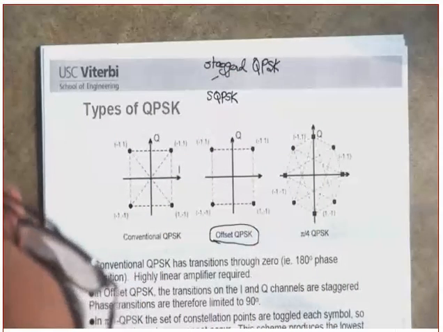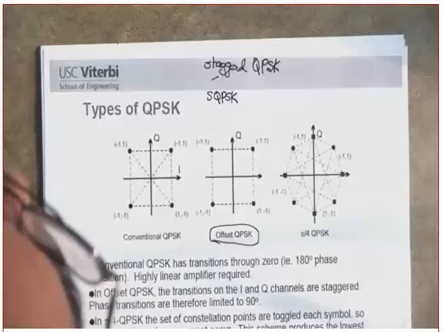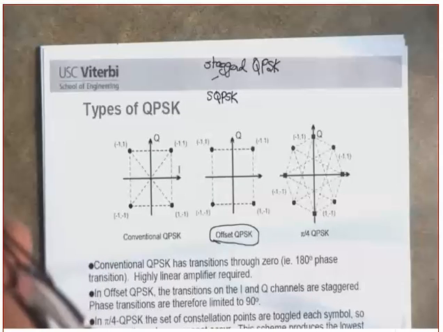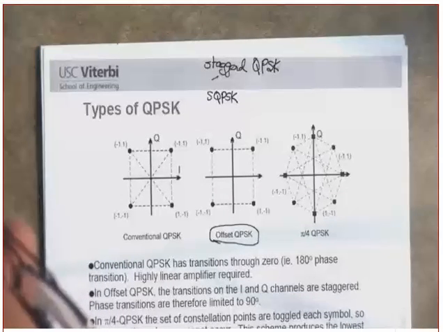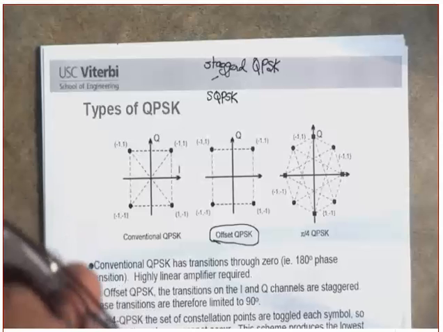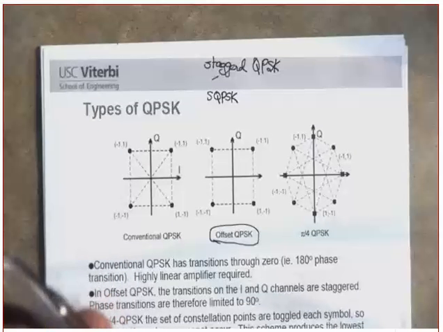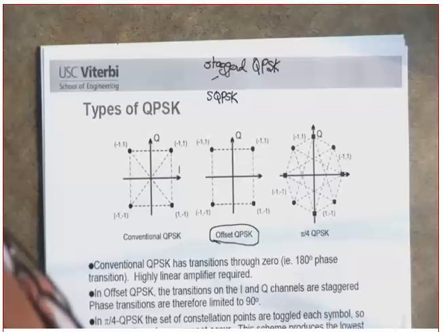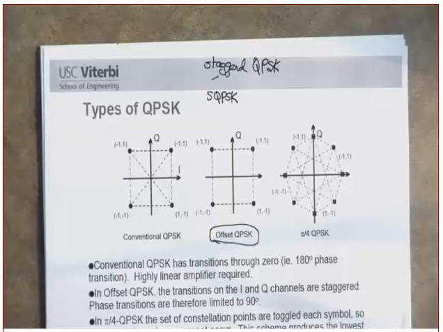When I say 1/2 symbol duration, what does it mean? The symbol represents how many bits? 2 bits. So when I say 1/2 the symbol duration, how many bit durations? 1 bit duration.